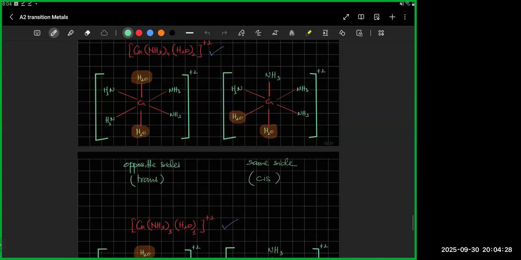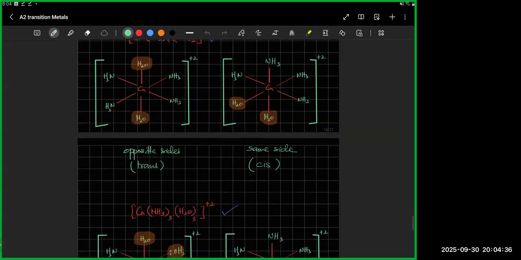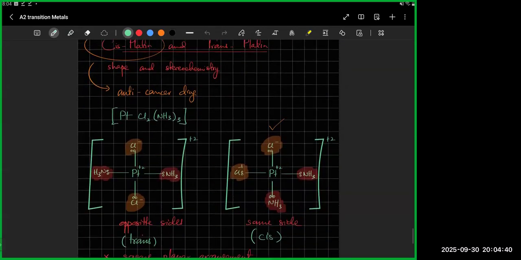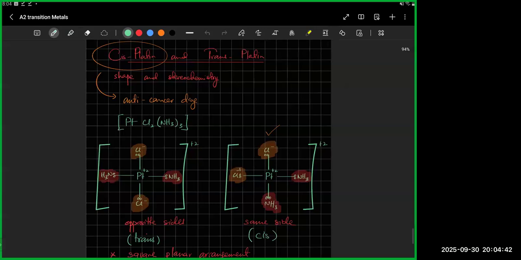The ligands could be on opposite ends, and the ligands could be right next to each other. So there's a cis version, there's a trans version in octahedral complexes, and there's one in square planar complexes. This was probably the only square planar complex that you had to study, which is cis and transplatin.